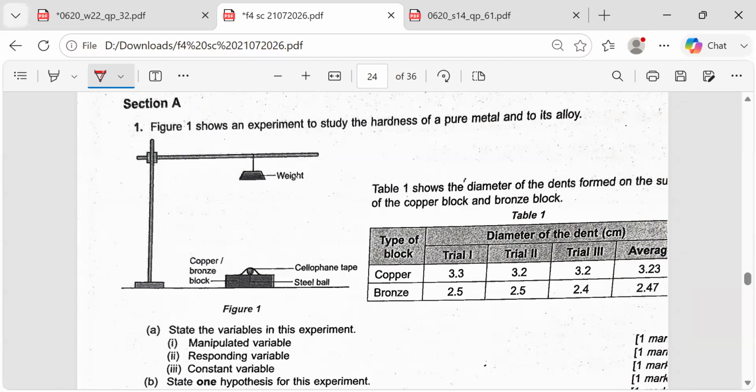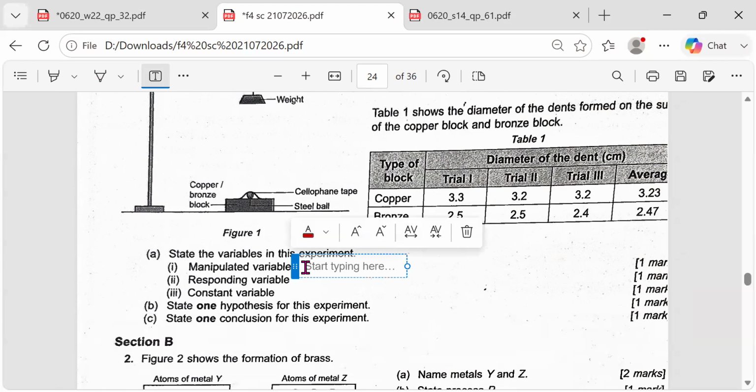Okay, we have done this question many times. The manipulated variable is the type of block. The diameter of the dent is what we write down for results. The constant variable is the mass of the bead.